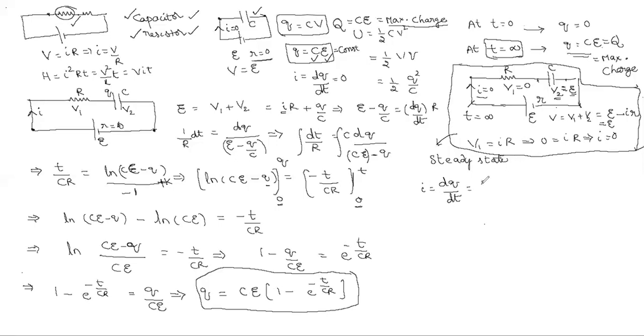You will get CE into 1, differentiation of 0 minus e power minus t by CR, into 1 by CR with a minus sign. So minus of minus becomes plus, and here the C and C get cancelled. And you are getting I is equal to E by capital R into e power minus t by CR.